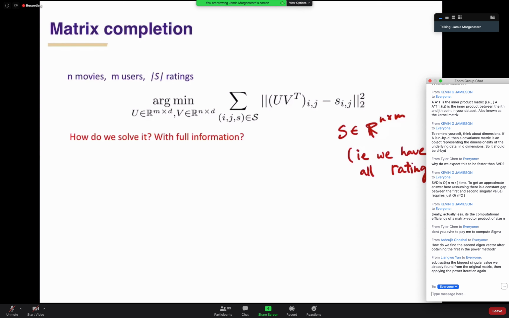If we're looking for a much lower rank D representation of S, we should run PCA. We should find the top D eigenvectors of our matrix X and use those to represent both users' preferences and movies in that space. Users' preferences over those vectors, and then movies as a function of those vectors as well.